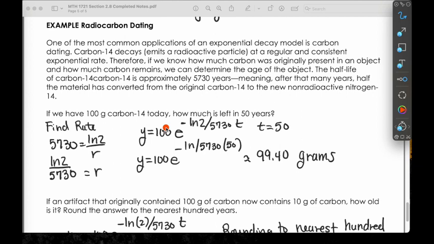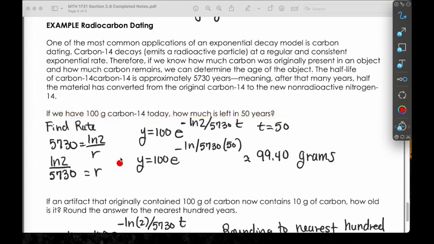The half-life of carbon-14 is approximately 5,730 years. So we're going to use that to answer these two questions here. It says, if we have 100 grams of carbon-14 today, how much would be left in 50 years?